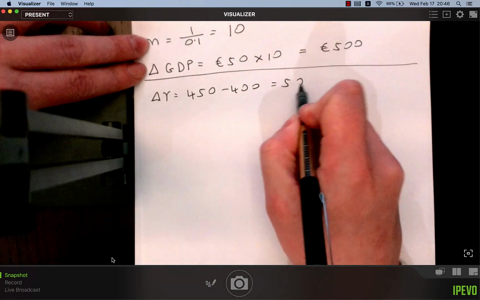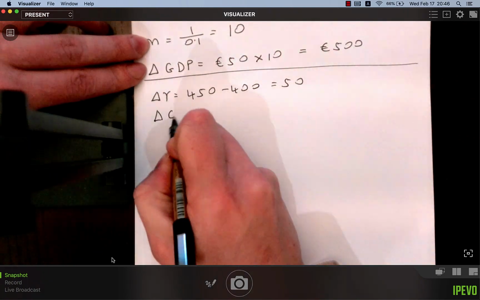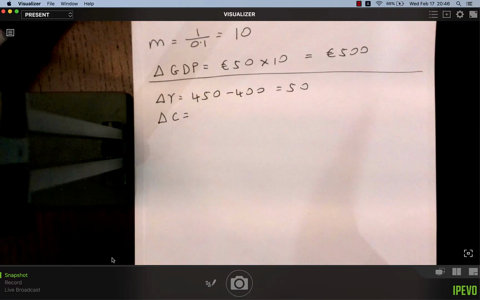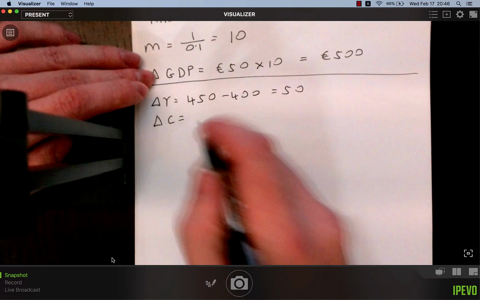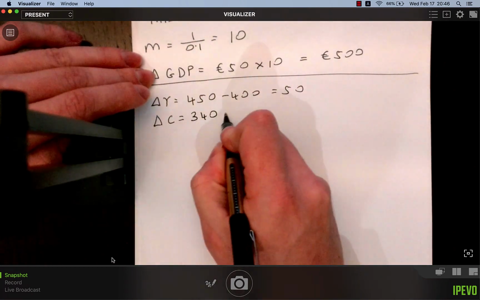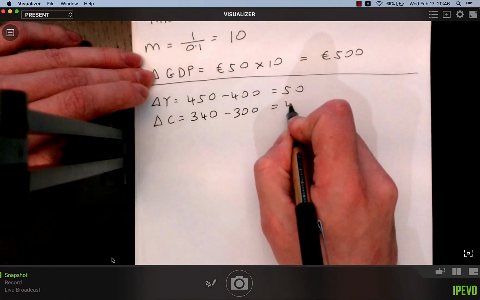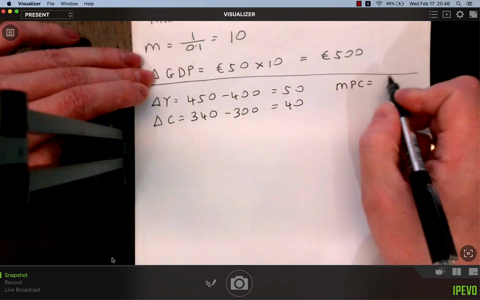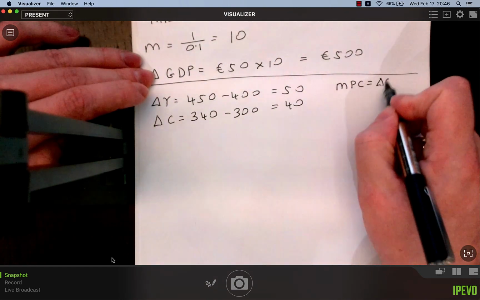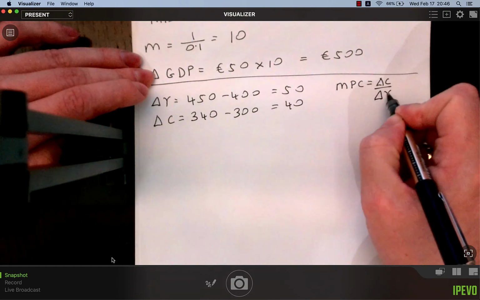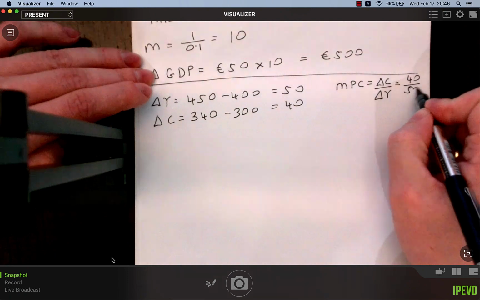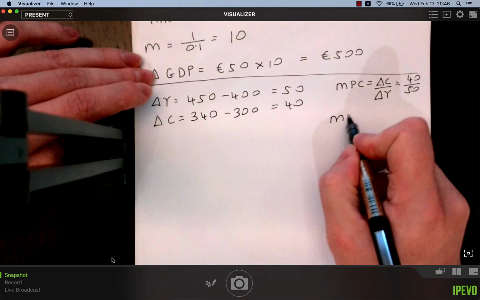The change in spending, and I have to check because I'm old, as I say, okay, is 300 to 340. So it's 340 minus 300, which equals 40. So the MPC, therefore, equals the change in consumption over the change in income, which equals 40 over 50, and I worked that out as an MPC equal to 0.8.